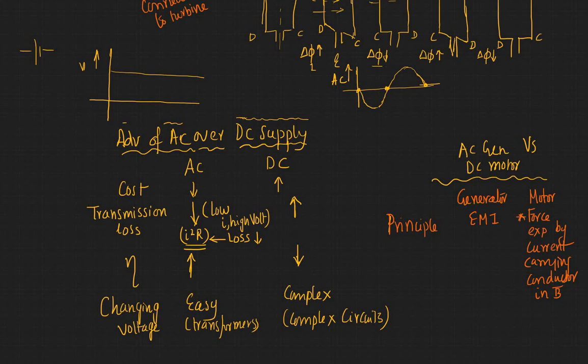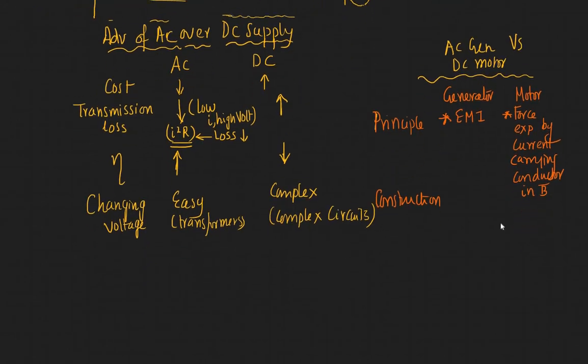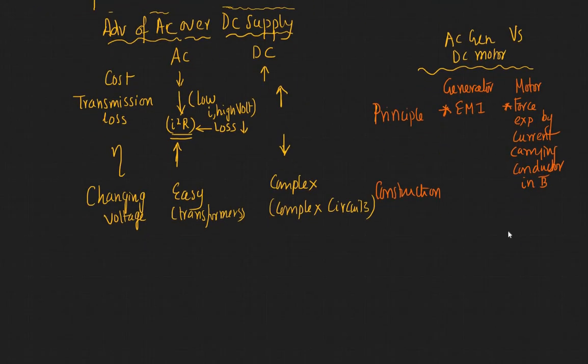So there's a force that a current carrying conductor experiences. From a construction point of view, there is not much difference. There are more commonalities than differences, but the major difference is you have slip rings, which is coaxial, and here you have split slip rings.